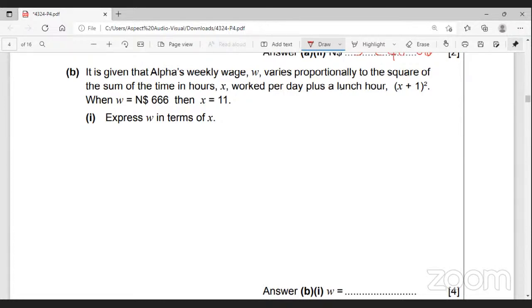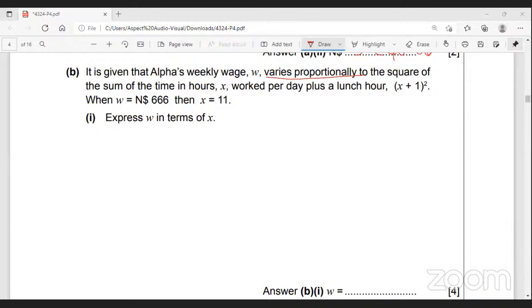They have stated here that proportional means direct, but we need to read with understanding.